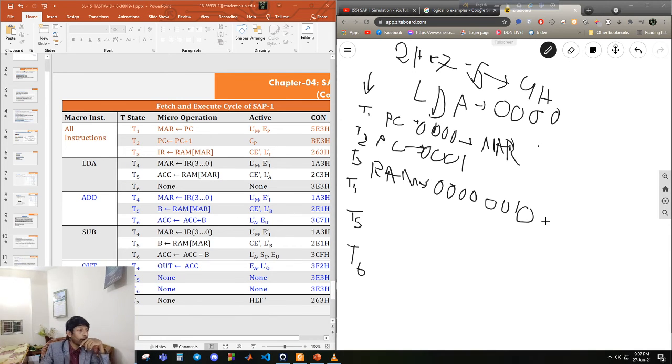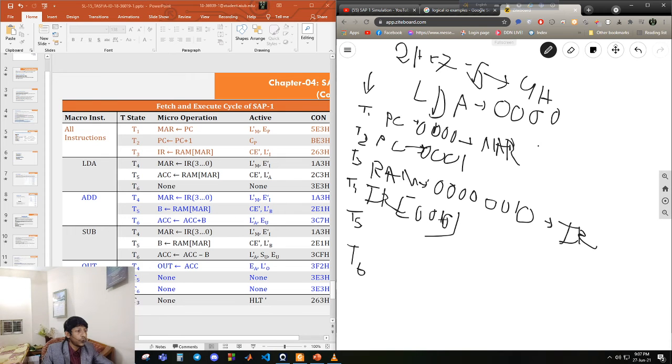From the RAM, the last 4 bits will go to the instruction register. In T4, the value in IR is 0010.